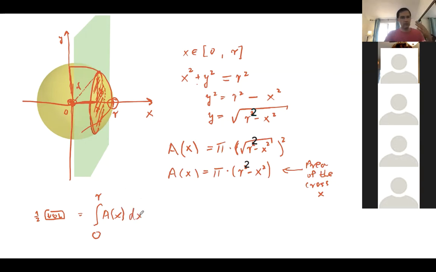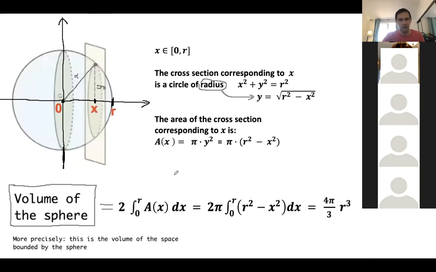That was just one example, but this is how we'll be computing the volume. The key point is step 1, come up with this idea for the cross sections, and step 2, integrate the cross sections. So when we do the computation and then multiply everything by 2, that will give me the volume of this sphere. And I have done this computation over here.